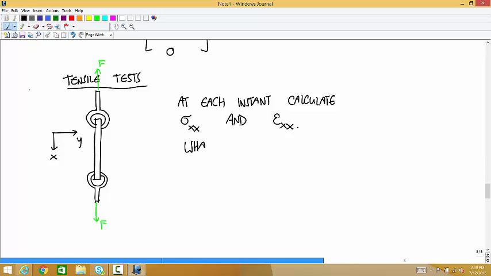And the question is, what does the stress XX versus strain XX graph look like? And this will give us a little information about material behavior once you get past that limited region that we're considering in this class.